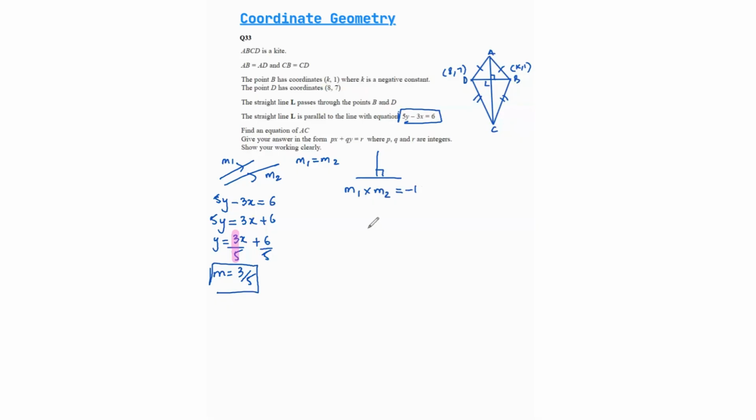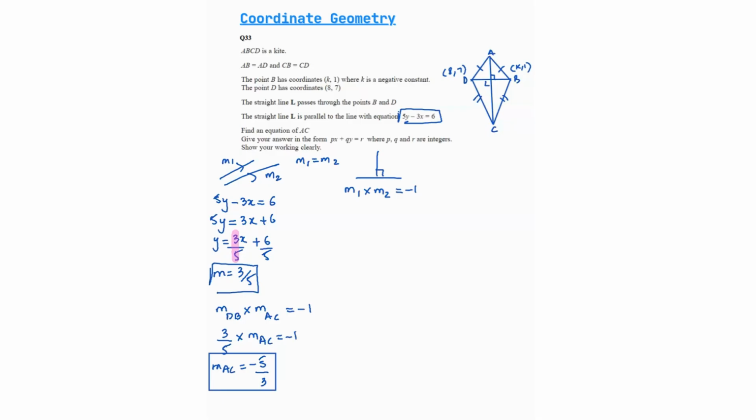That is the condition for perpendicular lines. So gradient of DB times gradient of AC equals -1. So 3 over 5 times gradient of AC is -1. So gradient of AC is -5 over 3. So we have the gradient sorted out.